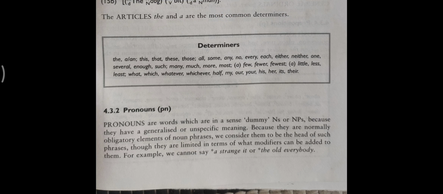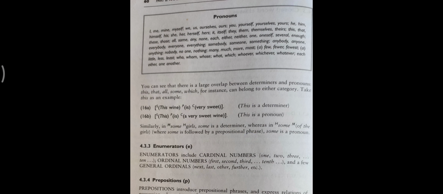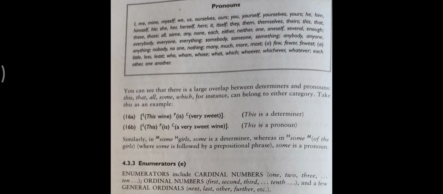These are obligatory elements of noun phrases, so we consider them the head of noun phrases. So what are the pronouns? We see here: I, me, mine, myself, we, us, ourselves, and like this.